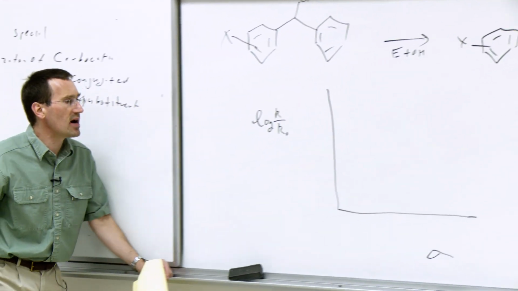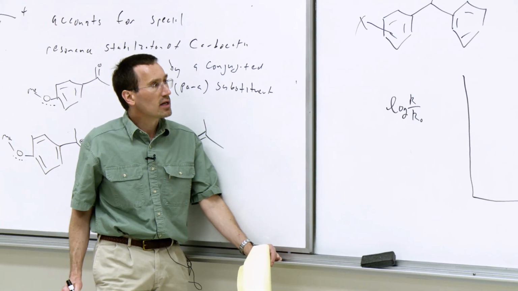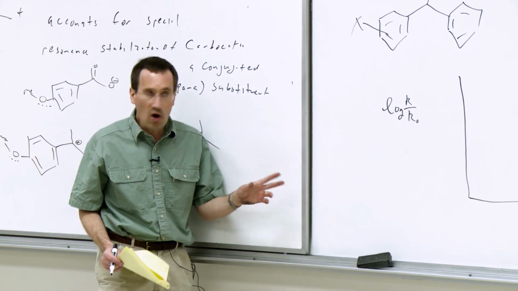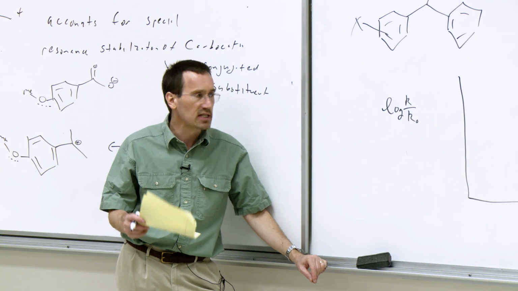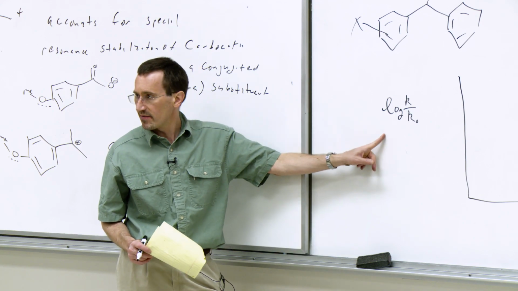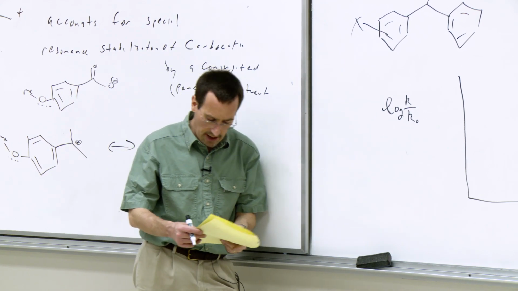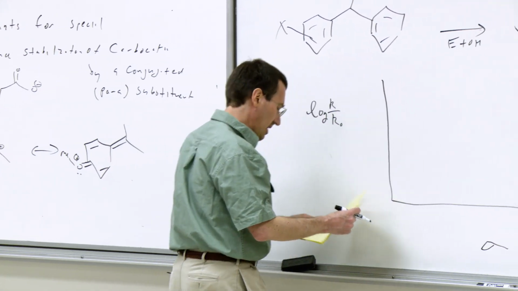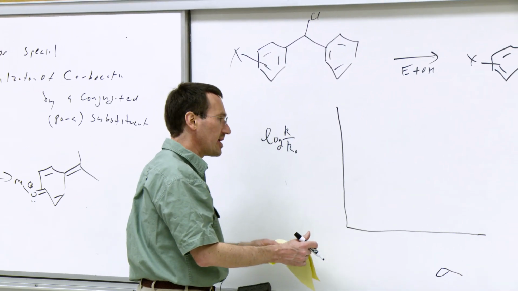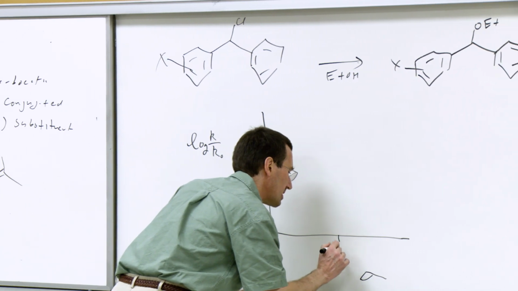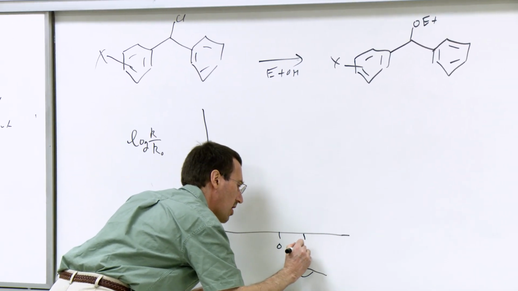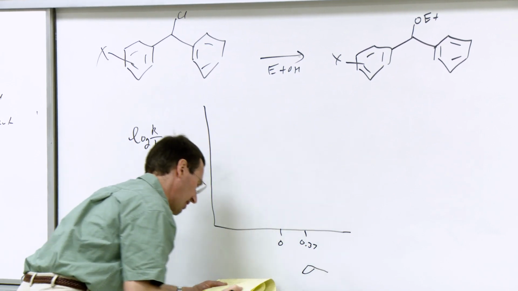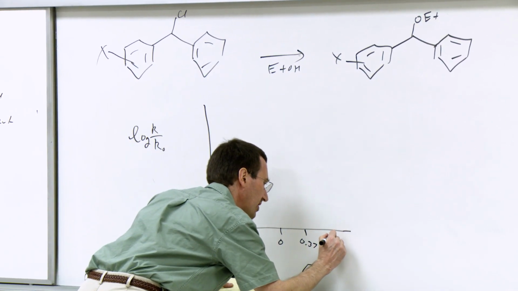So I'm plotting sigma on the x-axis, log K over K naught, the rate constant of this reaction, the rate of solvolysis, divided by the rate of solvolysis of the hydrogen compound. And we'll plot this. I'm not putting actual numbers here other than sigma values. So on my x-axis, I'm going to put 0, 0.37, and 0.78.